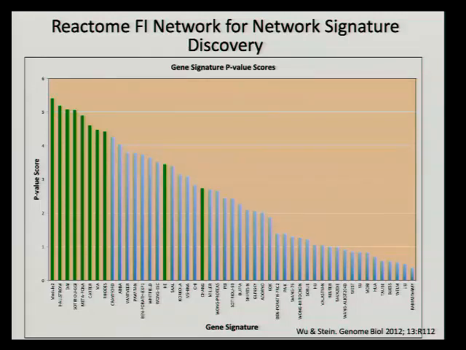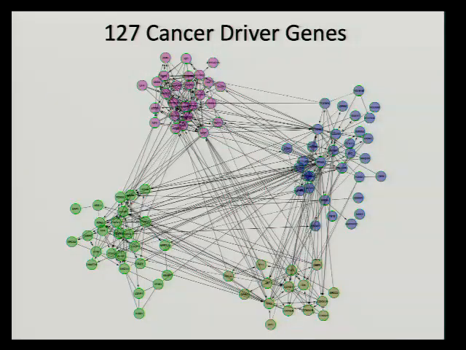So we compared our signature with other published breast cancer signatures, and you can see our signature outperforms the other published signatures based on these 5 independent breast cancer data sets, which is good. So coming back to our original 127 cancer driver genes, we did the same thing and created a FI subnetwork, and then looked at what functions were related.